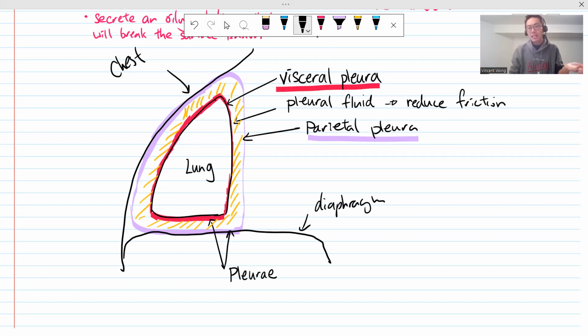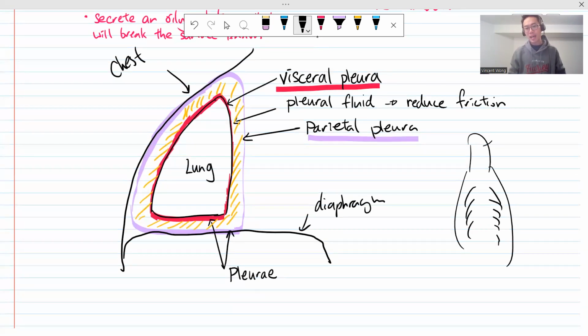Like if you ever see an animal carcass at the market, when they take out all the guts, and you can see the ribs inside, it's just hanging there. That's the inside that I'm talking about, and the parietal pleura is going to be stuck to that. That's important to visualize because it will help you understand how breathing occurs in a bit. That's the reason why I'm describing it to you.